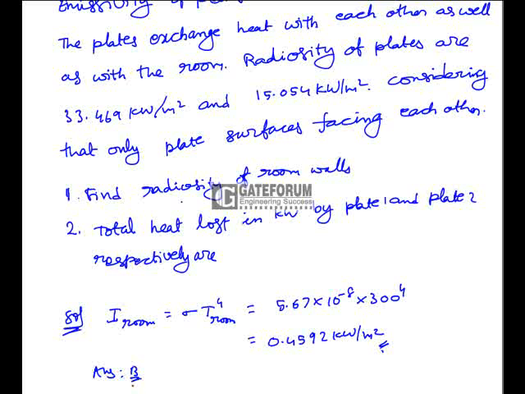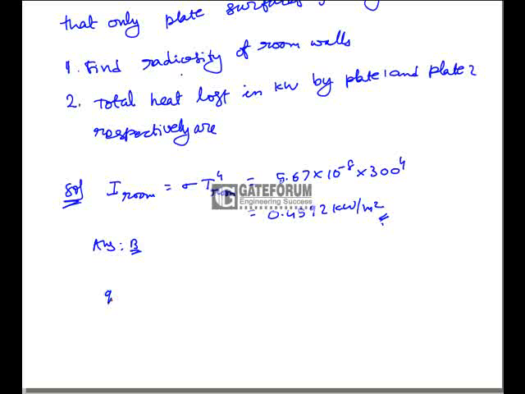And coming to the second question, we will have to find out the total heat lost in kilowatts by plate 1 and plate 2 respectively. Here the heat lost by the plates is given by, first consider the heat lost by the plate 1, which is equal to (EB1 minus J1) divided by (1 minus epsilon 1) by (A1 epsilon 1).